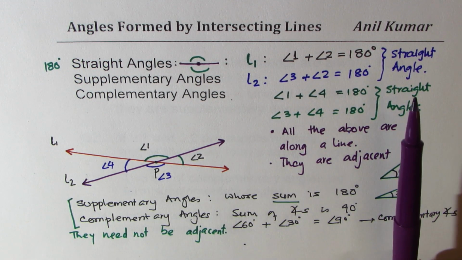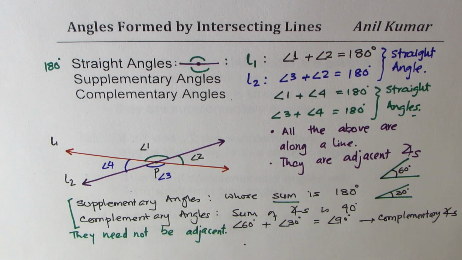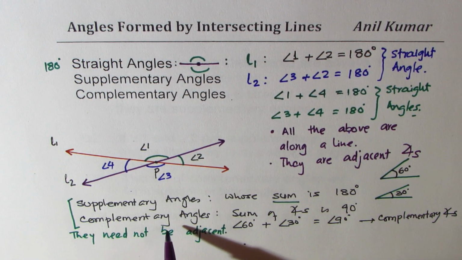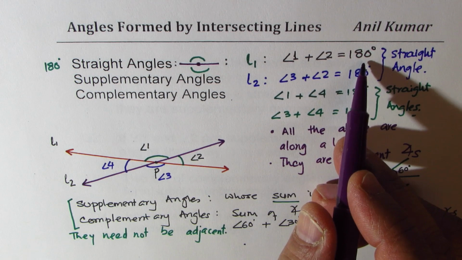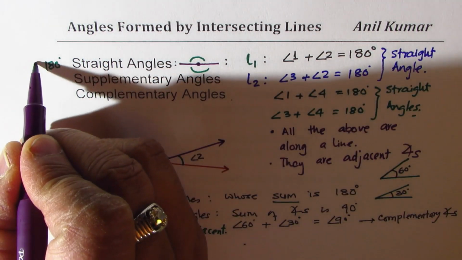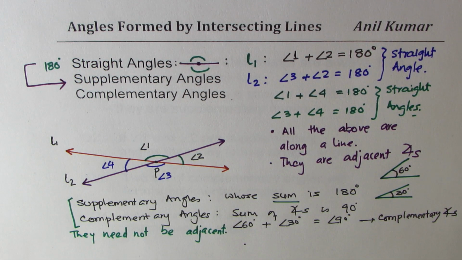From here, can you say that straight angles are supplementary angles? I think yes, you can, right? Now, since straight angles will add to 180 degrees, they are always supplementary angles. Do you understand? So straight angles will be supplementary angles also. Got it? So I hope this concept is absolutely clear.